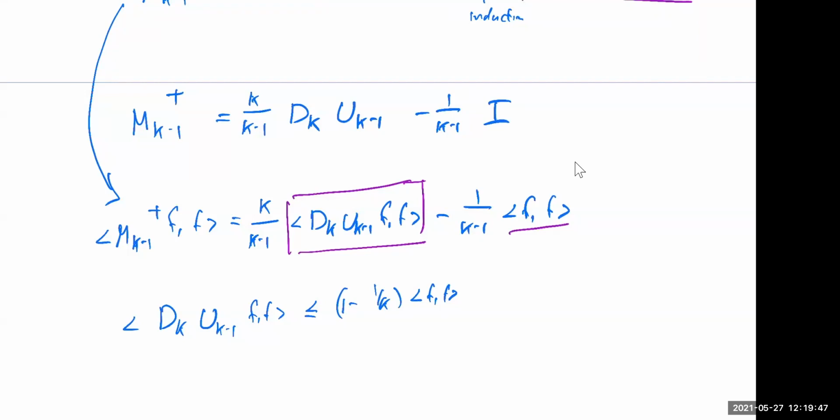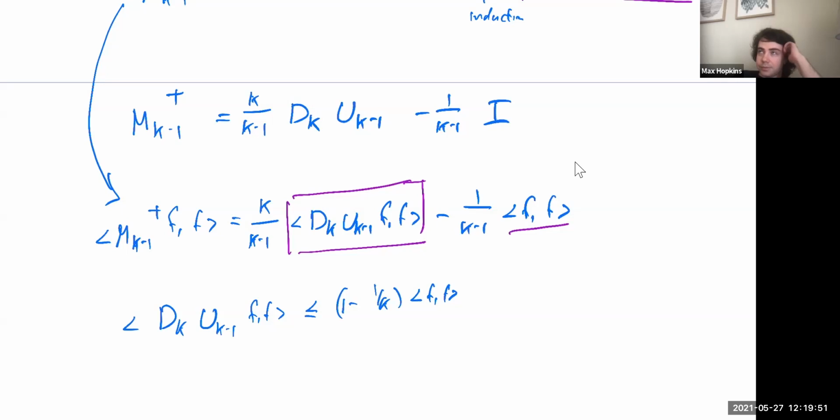Isn't that like Cauchy-Schwarz? Does this follow from Cauchy-Schwarz? I mean, Cauchy-Schwarz says the norm of... I guess this is like a matrix version of Cauchy-Schwarz.